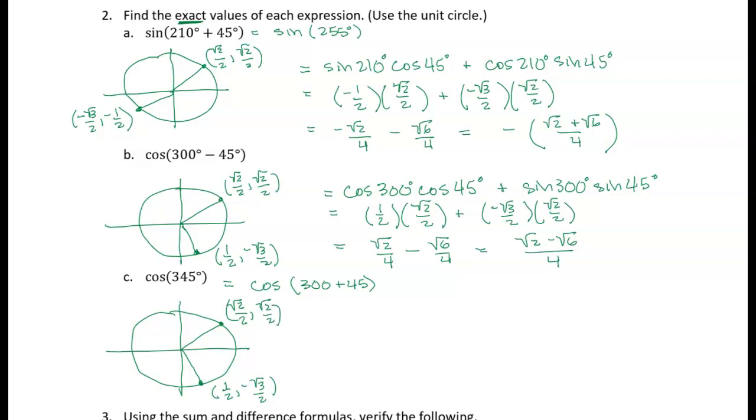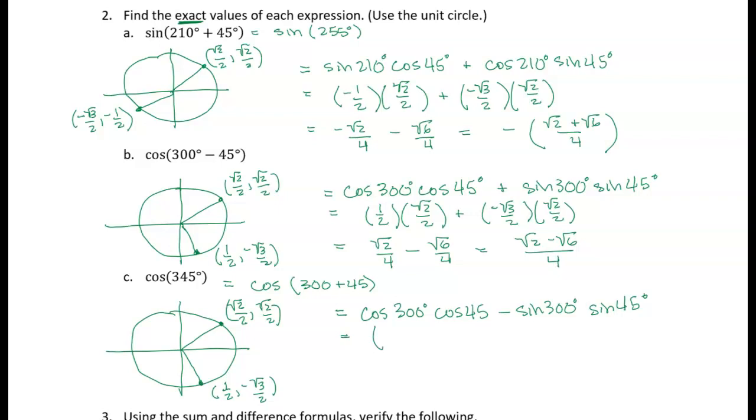All right, so let's plug it into the formula. The formula is basically the same as the one above, only with the minus in the middle. So it's the cosine of 300 times cosine of 45, minus the sine of 300 times the sine of 45. So, again, we'll just plug in the values.